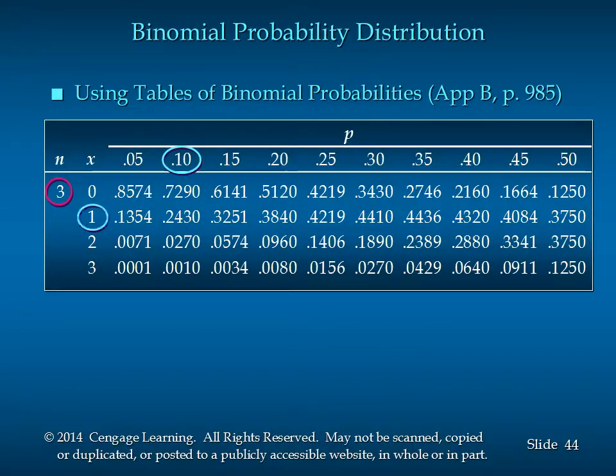Okay. So what I wanted you to do is go to Appendix B, page 985 in your textbook, and if you don't have one, I think Appendix B is the same in the older version too. Just go to Appendix B in the older version, okay?